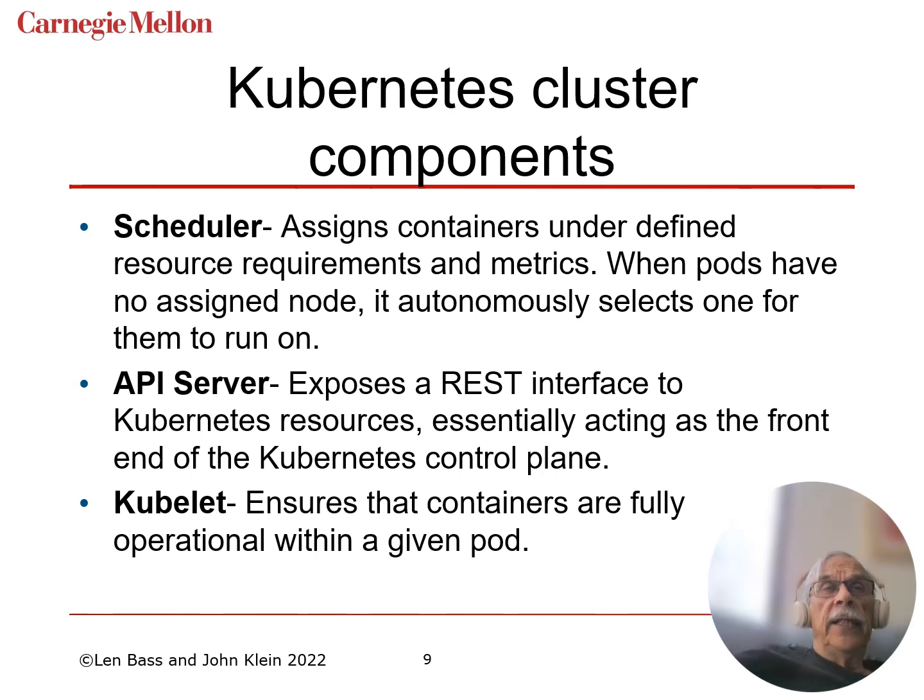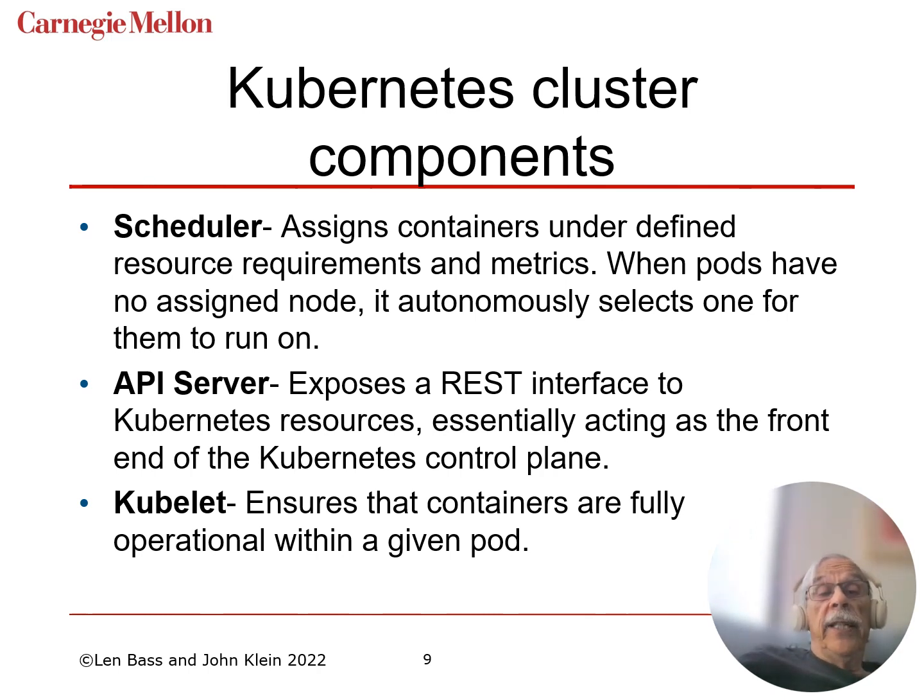So we have nodes, and a cluster is defined as a master node with multiple worker nodes. And then inside the worker nodes, you have that architecture that we talked about in a previous slide.